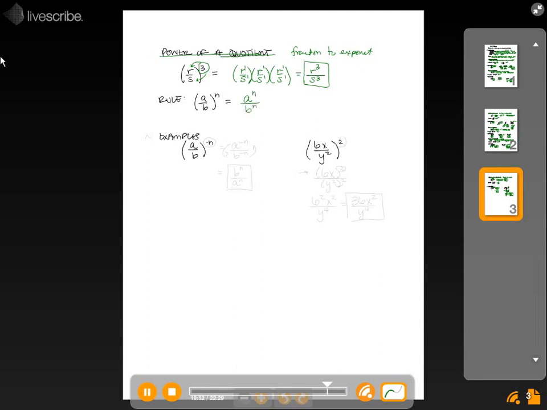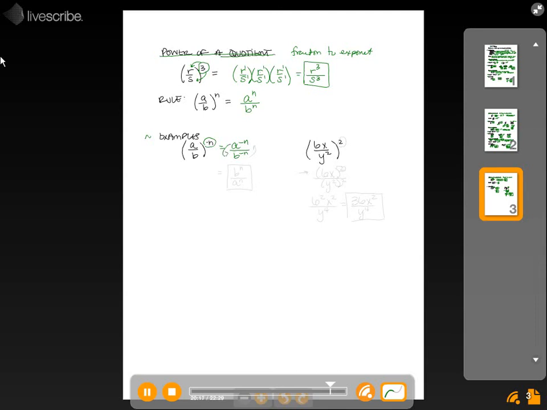We've got two quick examples down here. First one is a over b to the negative n power. Using our power of a quotient, that means that this exponent out here has to go to the top and the bottom. So it's going to become a to the negative n over b to the negative n. But again, like we've seen in our examples before, we cannot have negative exponents.